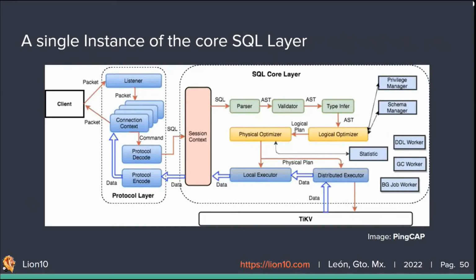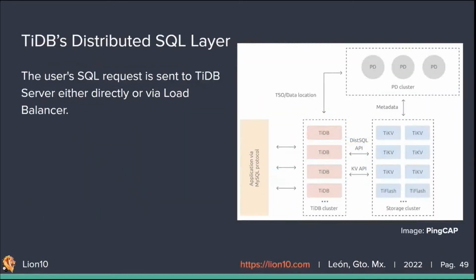A single instance of the core SQL layer looks something like this. There's a set of optimizers, and there's a session also involved here. At a high level, the user's SQL request is sent to the TiDB server, either directly or via a load balancer. We talked about how here we could load balance. It depends on the use case.